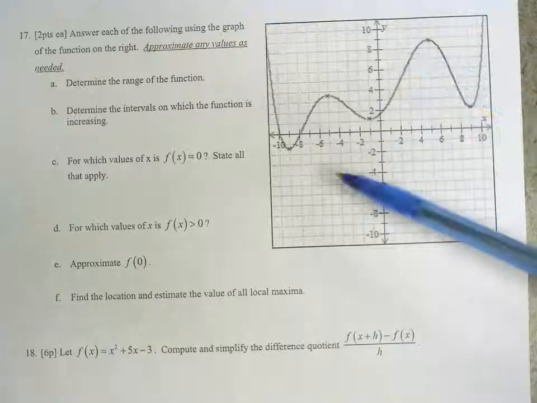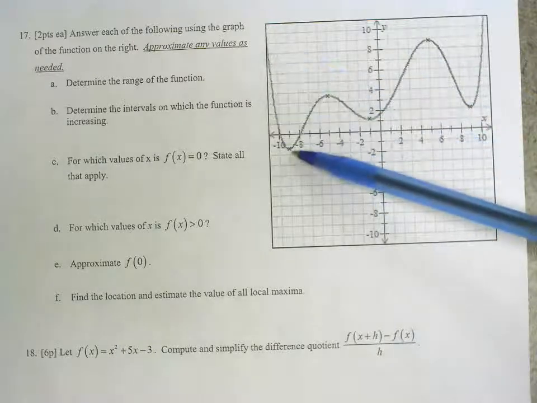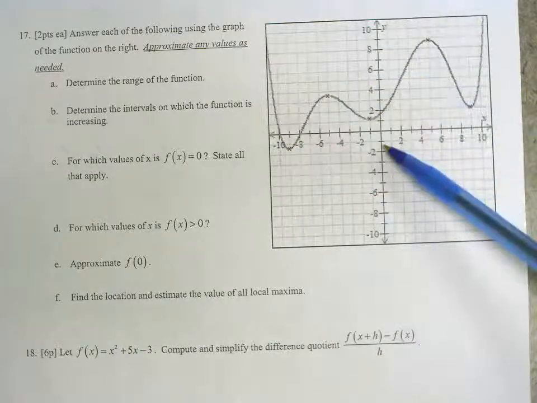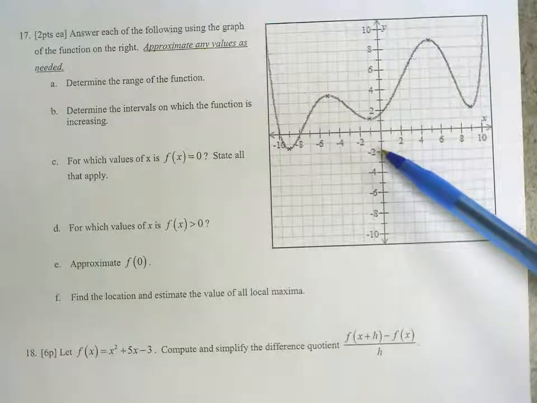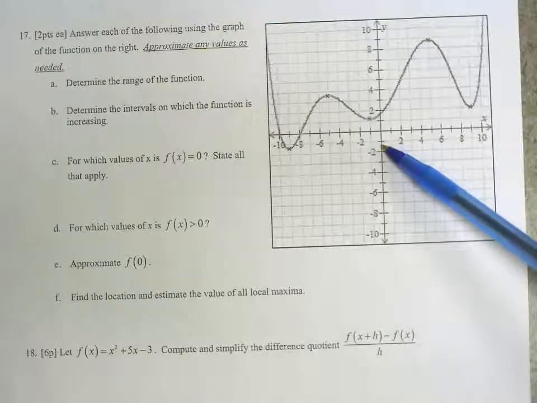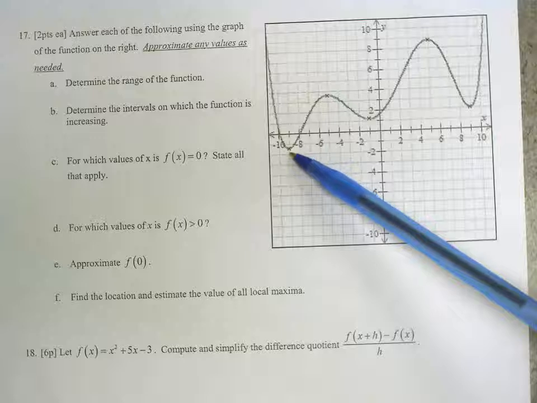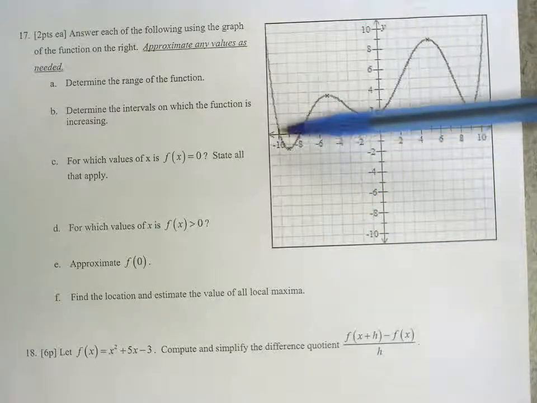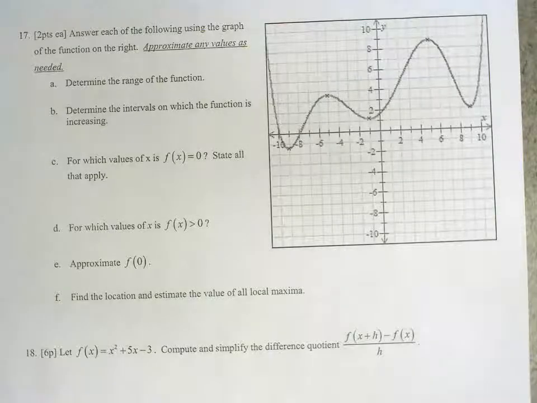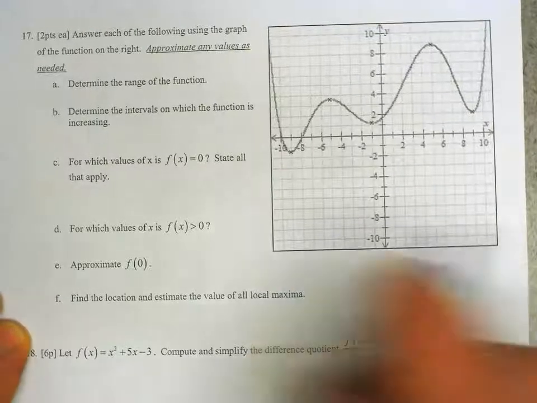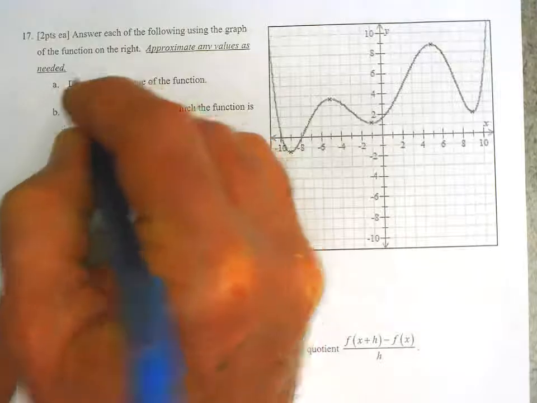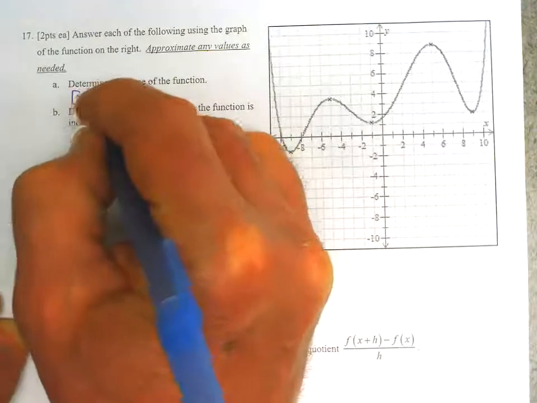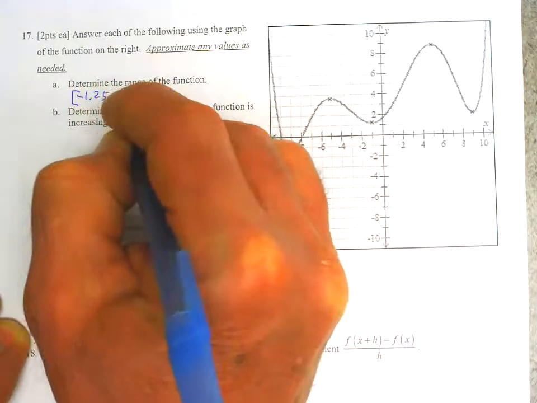This looks like it has an absolute minimum, which is about -1.25. And then after that, the range values go to infinity. So the range, I'll put bracket -1.25 comma infinity.